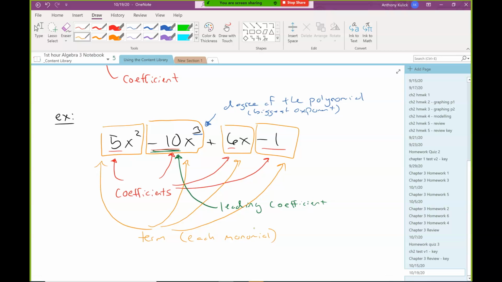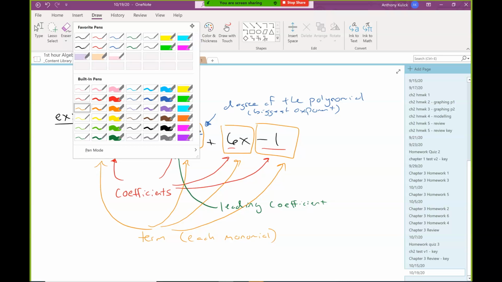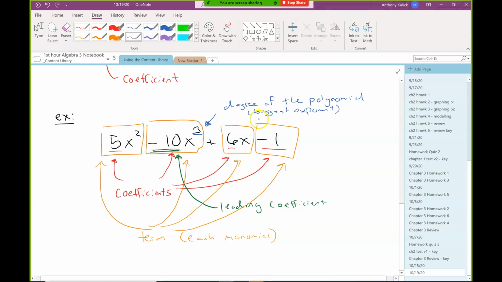So this polynomial has 4 terms. Is everybody okay there? And one of these terms in particular is of special interest to us. This one at the end is called the constant term, because it has no variable attached to it. It's just a coefficient.